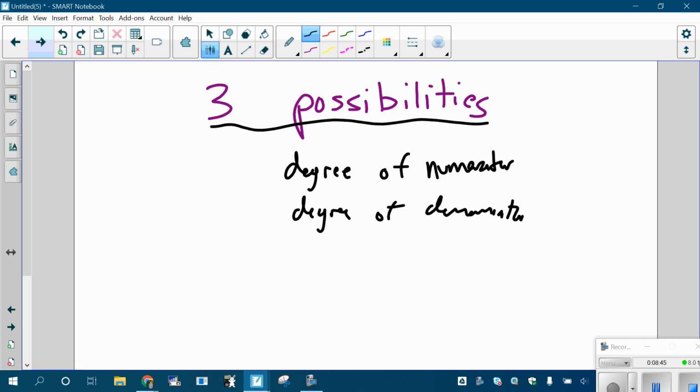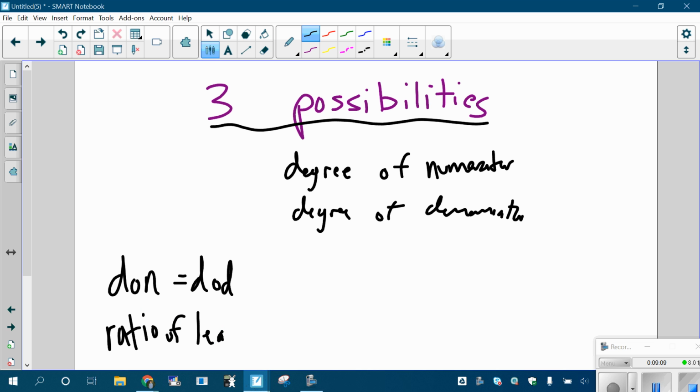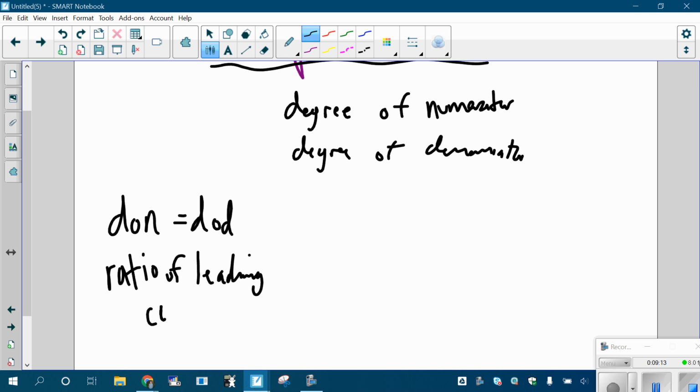The first possibility is that the degree of the numerator, DON, equals DOD. The degree of the numerator is the same as the degree of the denominator. If that's the case, then you look at the ratio of the leading coefficients. And I know that sounds like a lot of vocab there, but you guys know this stuff, ready?